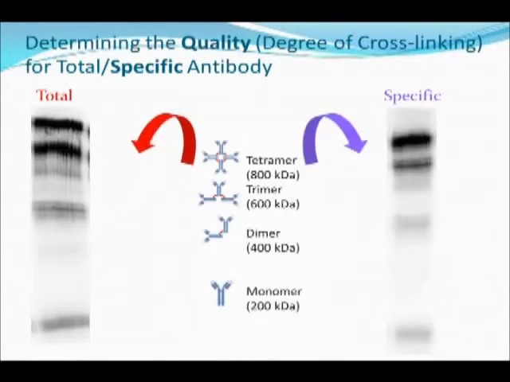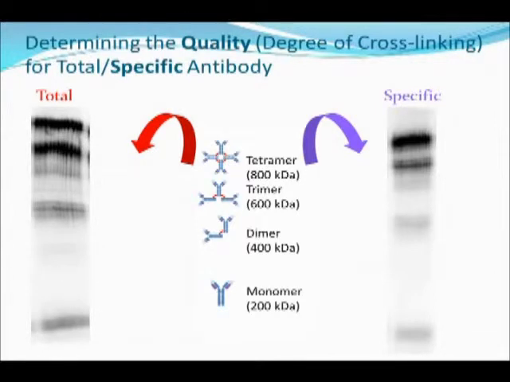I then run that on a gel, and each band again represents the different structures: tetramer, trimer, dimer, monomer. They range in weights from high to low. Now, from eye, you can see that the intensity of this is far greater than this. That is, tetramer makes up a greater proportion than monomer does.